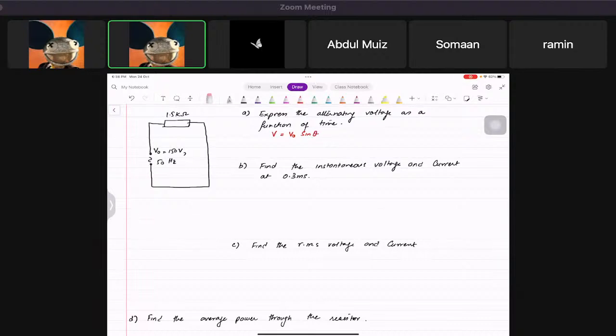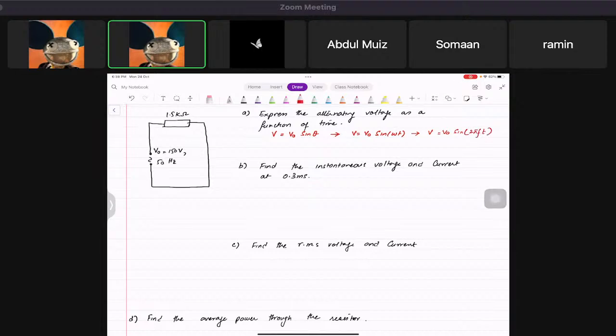Any sine function is like this. Now you can write it as V equals V naught sine of omega t. V naught is the peak voltage, and omega is the angular velocity. We can further write V equals V naught sine of 2 pi f t, since omega is given by 2 pi f.